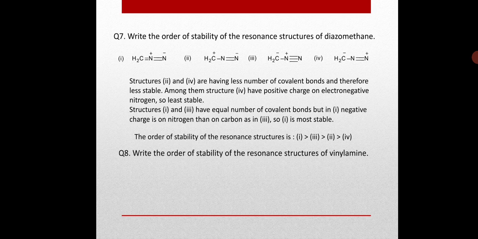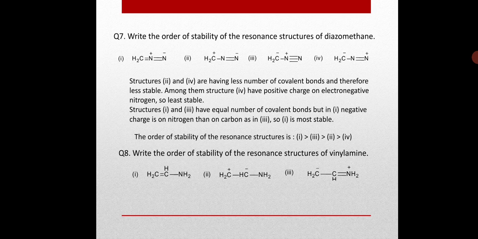Write the order of stability of the resonance structures of vinylamine. This is the structure of vinylamine, and if you now compare 1, 2 and 3, you can easily see that structure 2 is having less number of covalent bonds, and so structure 2 will be the least stable.